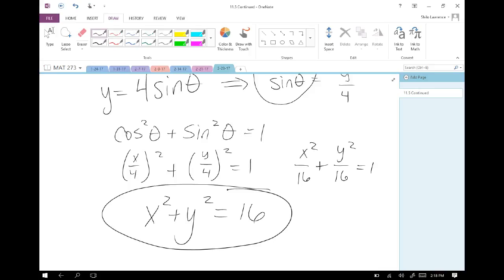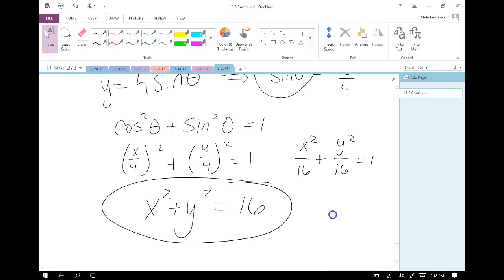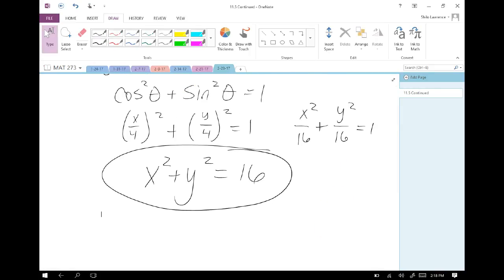I think it would end up being a hyperbola. Yes, that 4 in front is the radius. If we wanted to solve that for y, when you do the square root, you have to put plus or minus in front of it, so you'd have to put both of them in.